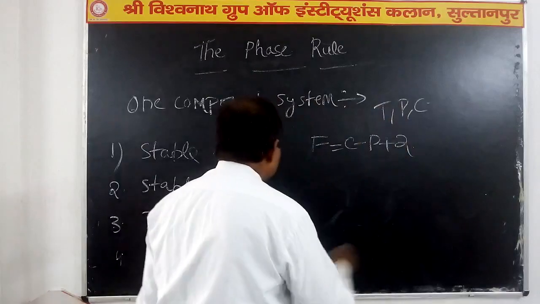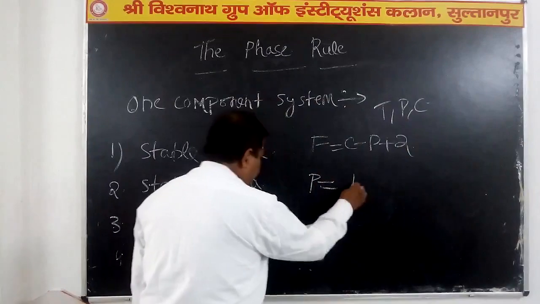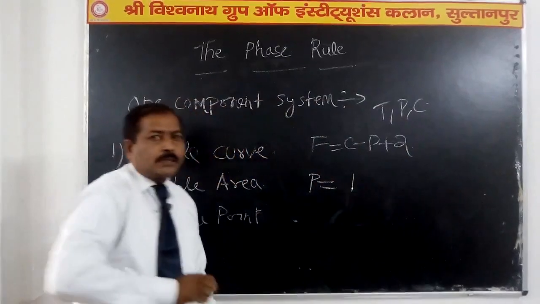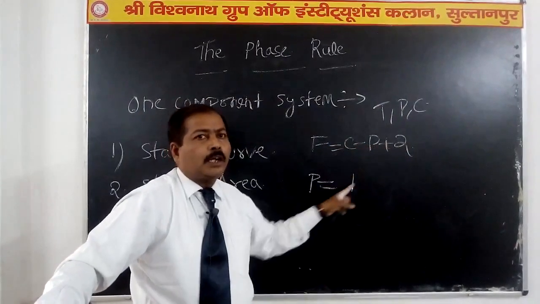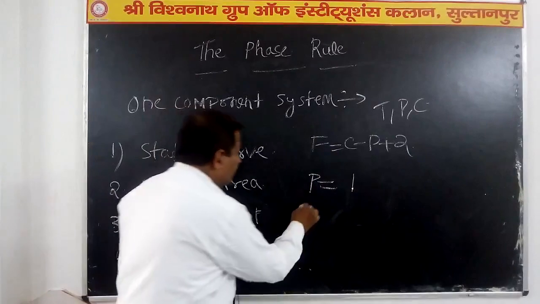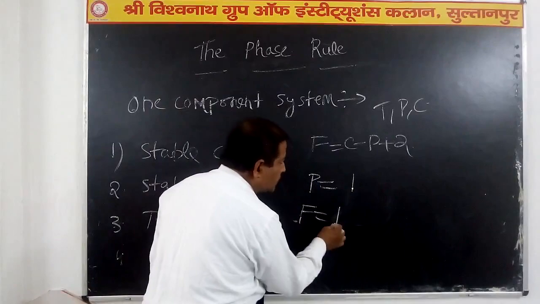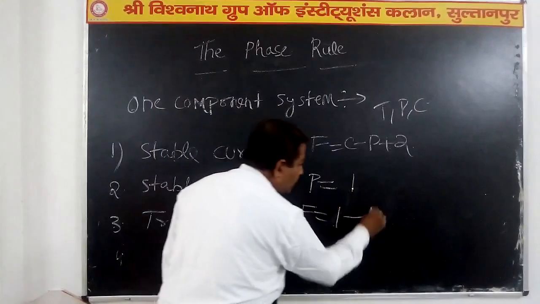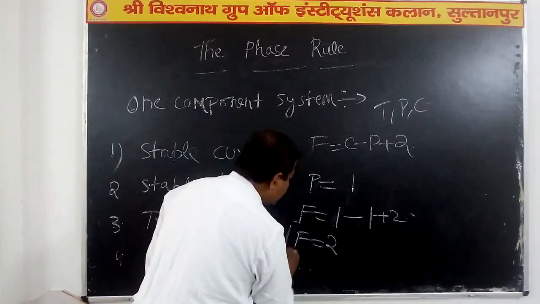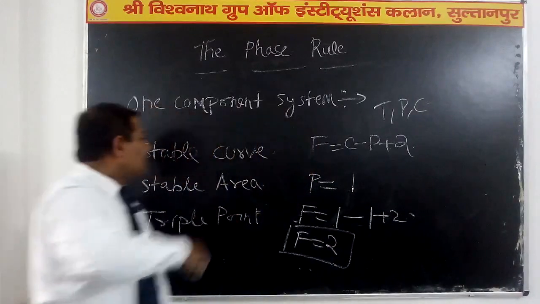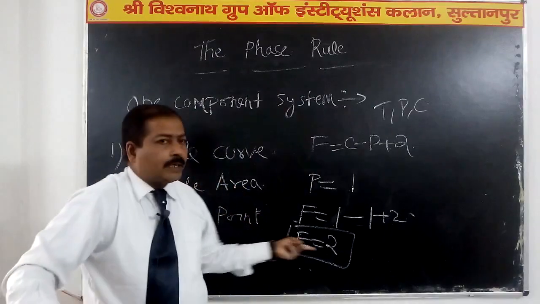Now with the help of the Gibbs phase rule equation, F equal to C minus P plus 2, we can calculate the degree of freedom. The value of C, being a one component system, is 1, the number of phases is 1, plus 2, so F equal to 2. It means the system along the stable area is bivariant, because the value of F equal to 2.